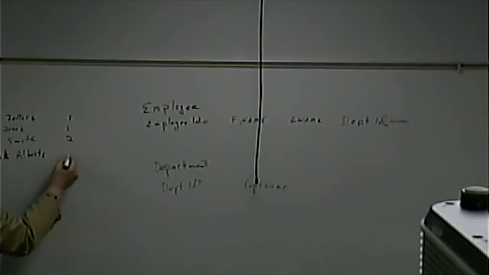Employee 3, Ann Smith, is in Department 2. And employee 4, Mark Alberts, is also in Department 2. Our department table then might have Department 1 being CISS and Department 2 being accounting.